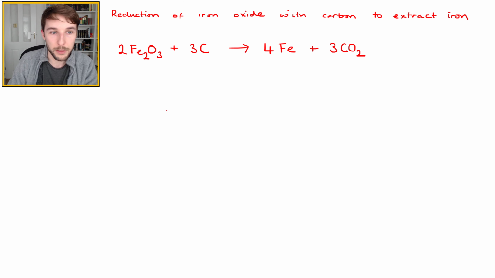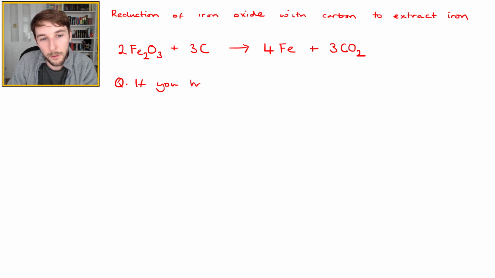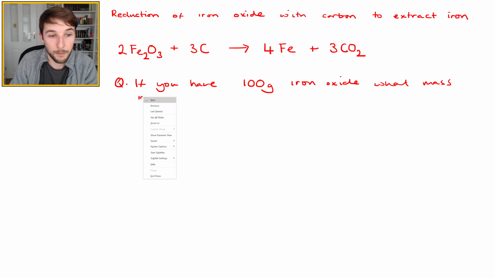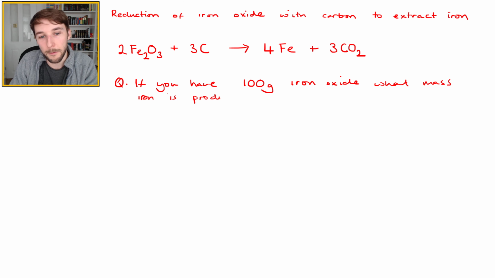So let's say, for example, the question says this: if you have, let's say, 100 grams iron oxide, what mass of iron is produced?